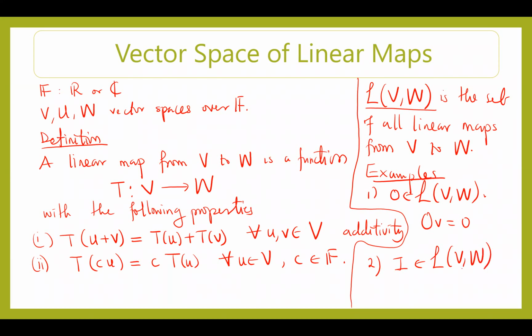I want you to pay attention to these two examples because they will help us to show that this L is a vector space. This is simply because we can define I of V to be V. So this is called the zero linear map, and this one is called the identity linear map.